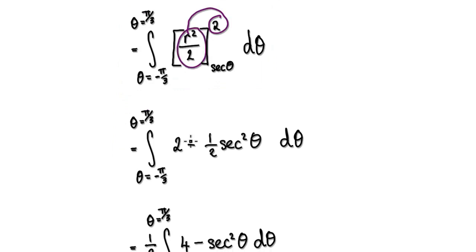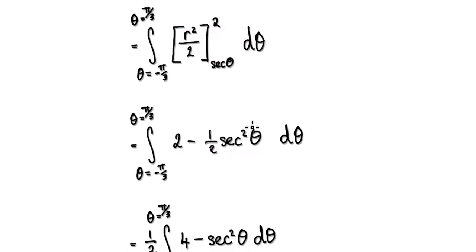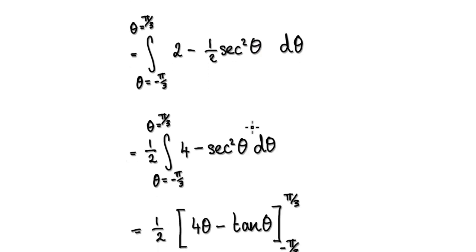So this whole thing here would be 2, and then take away, and then put this into here. That would give us secant squared over 2. So now let's factor out the half. So this will become a 4, and then from here that will take us to here.